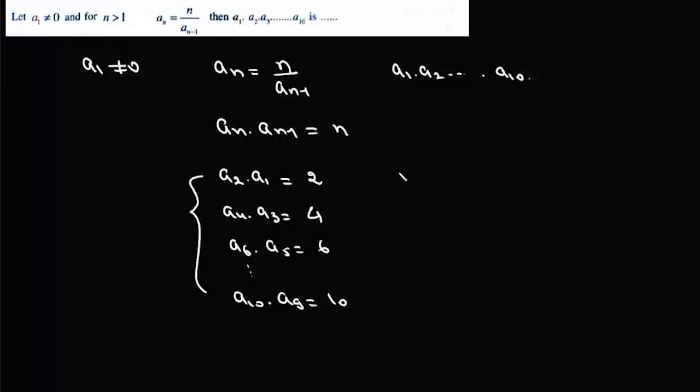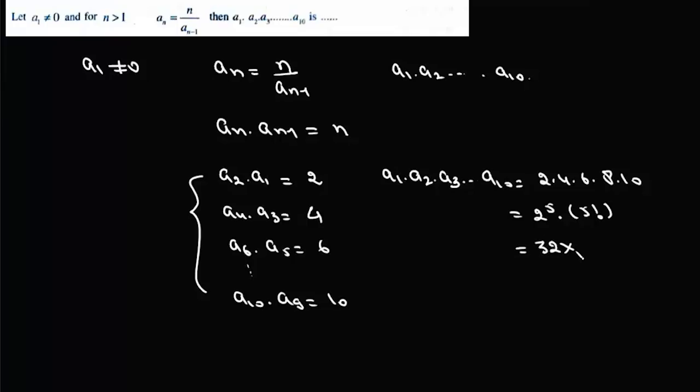We multiply all these terms, we'll get this product, a1 into a2 into a3 up to a10, and there will be 2 into 4 into 6 into 8 into 10, which is 2 to the power 5 into factorial 5, and that is 32 into 120, which is 3840. So the value of this product is 3840.